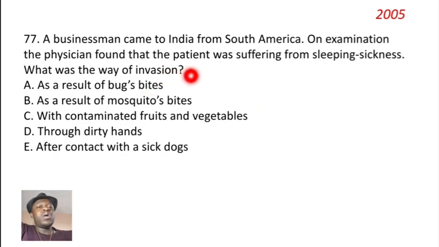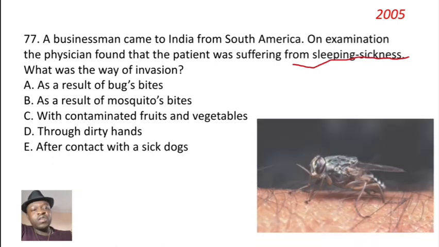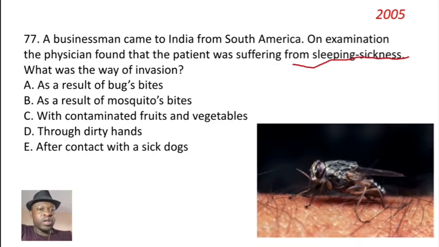Okay, what are the keywords? Sleeping sickness. Sleeping sickness is caused by the tsetse fly, right? Tsetse fly belongs to the Glossina species. Glossina is the genus, so it looks like this. The correct answer is: as a result of a bug's bite.